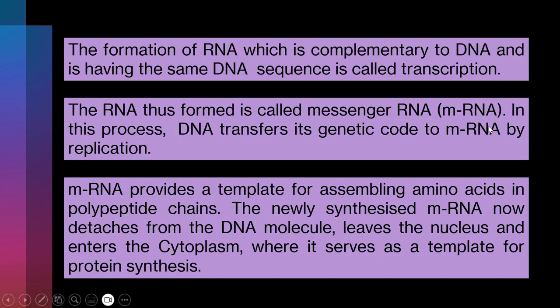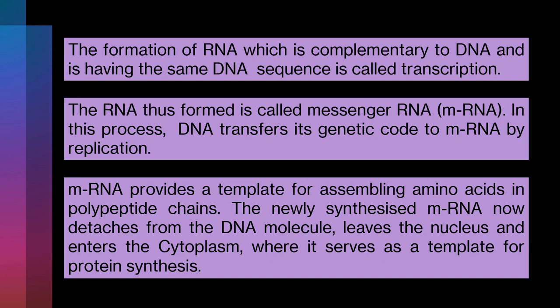And the RNA thus formed is called mRNA. In this process, DNA transfers the genetic code, a particular portion, to mRNA. And this mRNA serves as a template for assembling amino acids in the polypeptide chain towards the formation of a protein.